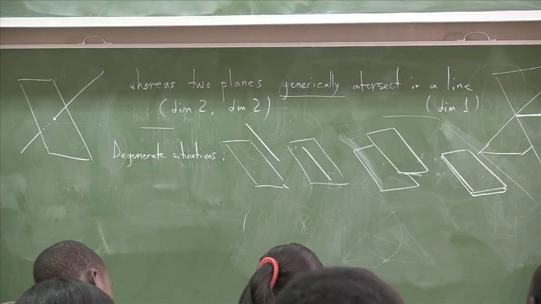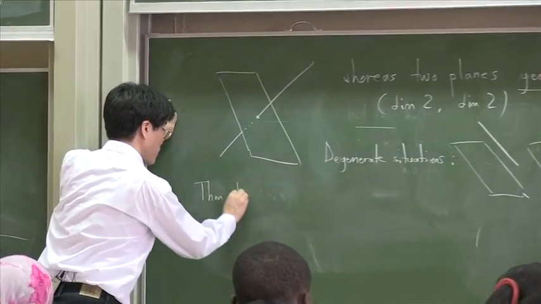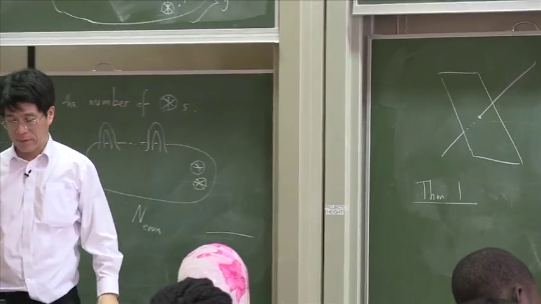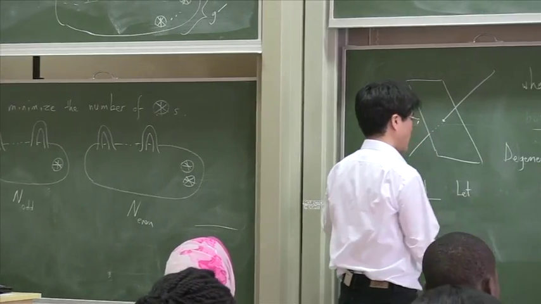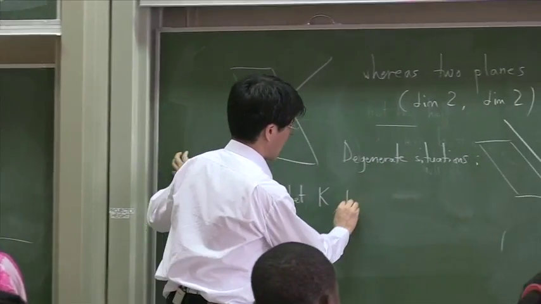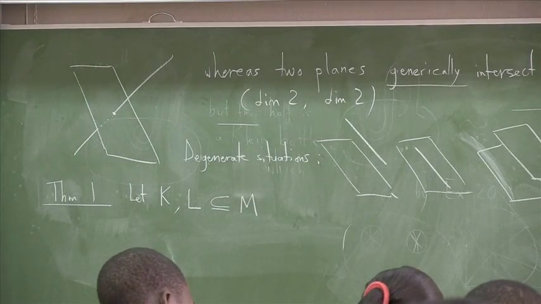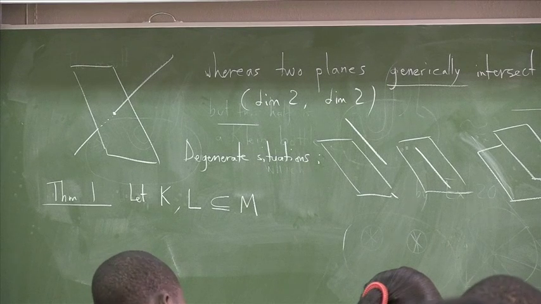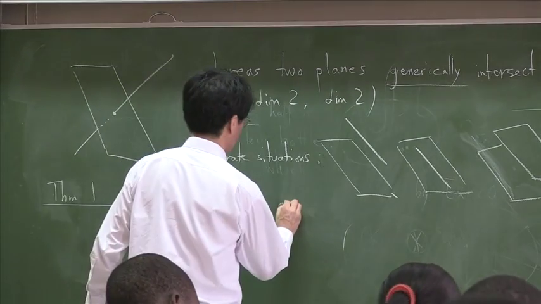Good. Let's then summarize our conjecture, theorem 1. Why are we back to 1? Because it's a new chapter. Let K and L inside M be submanifolds inside the manifold M, or if you like, subspaces inside the space M. You give them the meaning you like.